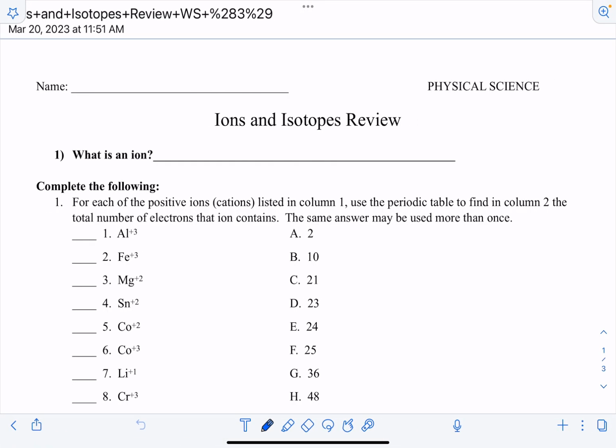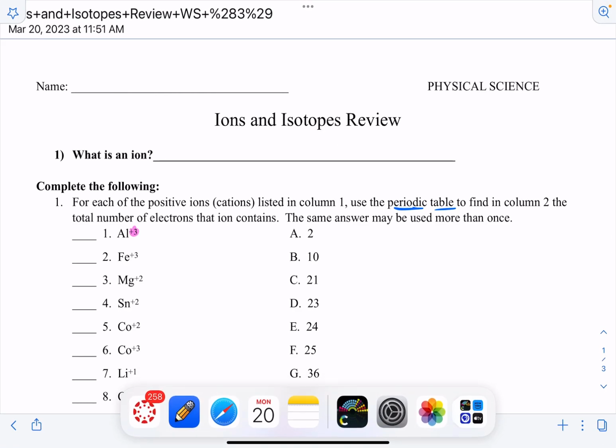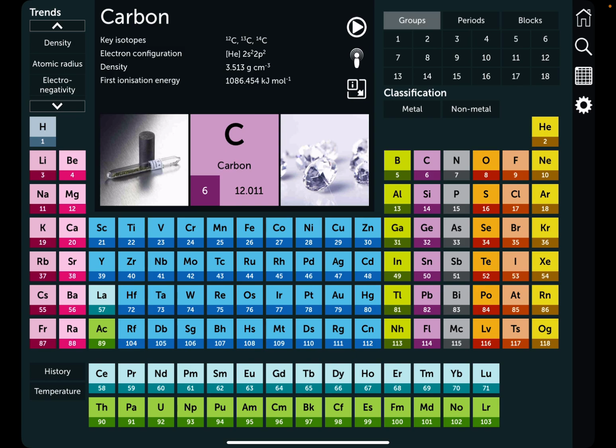Okay, you cannot do this without a periodic table. So you need a periodic table. And I'm going to do aluminum. So what I need to do is find aluminum on the periodic table.